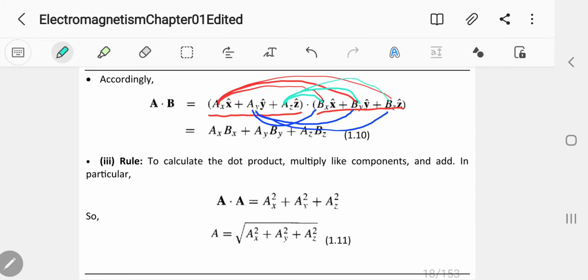So all you get are nine terms, but only 3 of the terms survive because this has x dot x, and this one has y dot y. They're the only terms that survive. So the rest of the terms become 0 because that would be x dot y, and x dot y is equal to 0, y dot z is equal to 0, x dot z is equal to 0, so everything is 0.